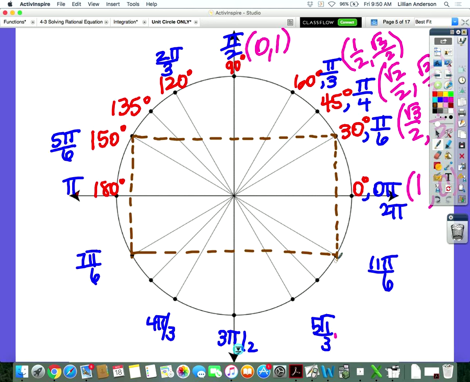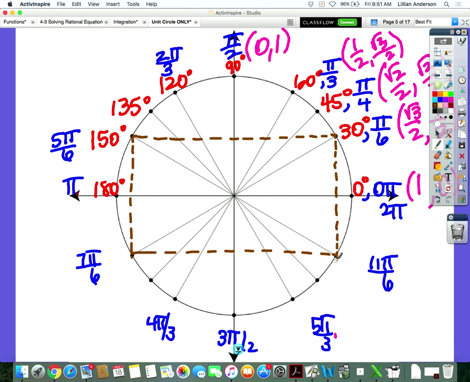The only difference is that in the second quadrant, the x's are negative. In the third quadrant, they're both negative. And then in the fourth quadrant, the y's are negative. But it's the same ordered pair. You just got to watch your signs. And that applies to the 45, 135, this blank one down here, and that blank one down there. And same with 60, 120, and the other two blank ones.